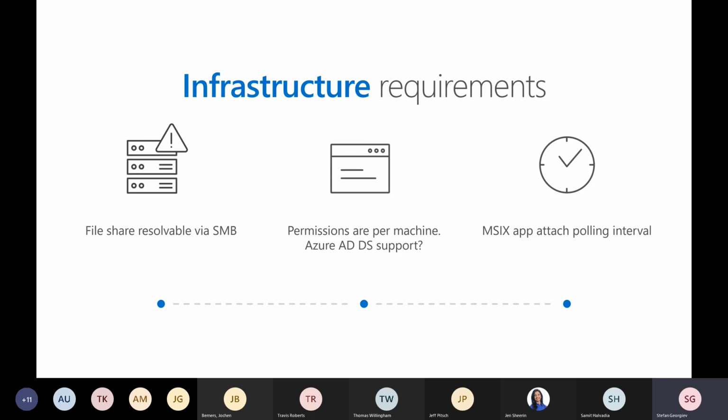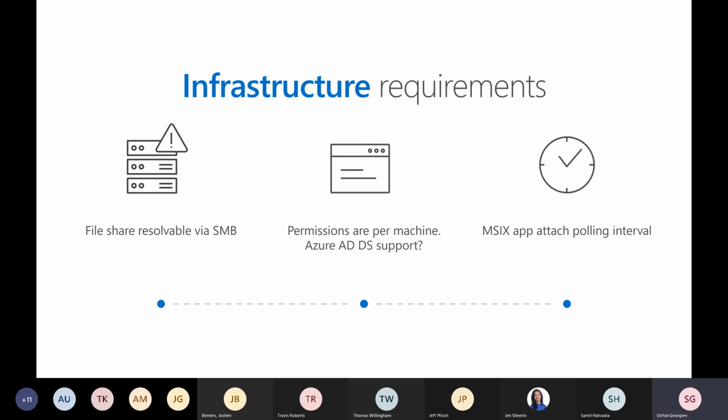So for MSIX AppAttach today, you saw me do the exercise through the UI where I published the application and all that good stuff. So when we add the package to the host pool, we do the app group creation, we do the publishing of the application in the app group, then we assign it to the user, and then we log in.